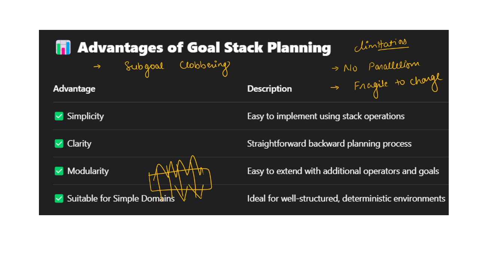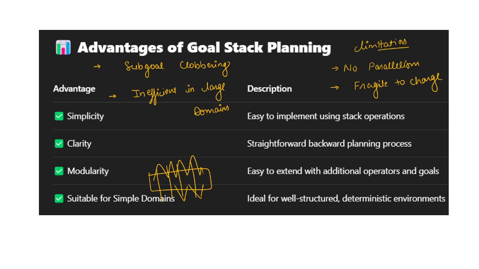These actions for one goal might interfere with another, right? This is the disadvantage of using goal stack planning. Another disadvantage is it is inefficient in large domains. So the stack may grow too large with complex plans.